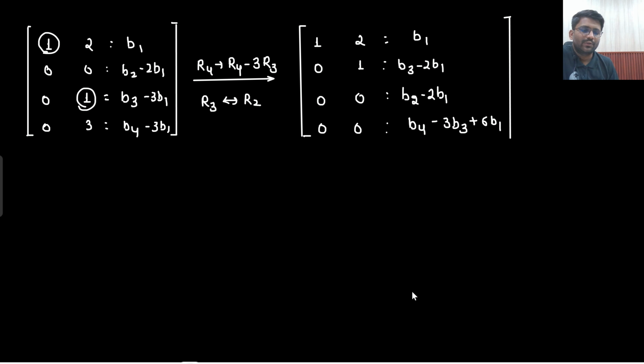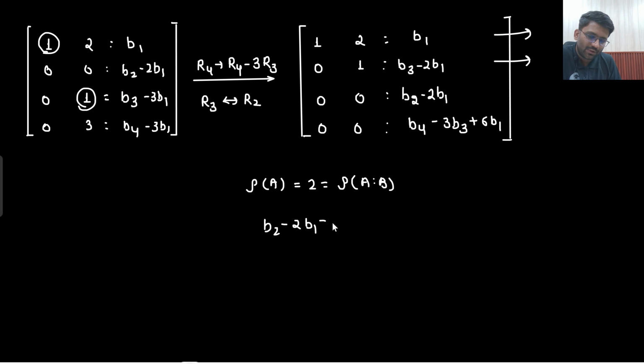You want rank of A to be equal to rank of A augmented B. You have already seen that rank of A is 2, and you want it to equal rank of A augmented B. In A augmented B, this is for sure a non-zero row, and you want the other rows to be zero rows. That means B2 minus 2B1 should be equal to 0, and B4 minus 3B3 plus 6B1 should be equal to 0.